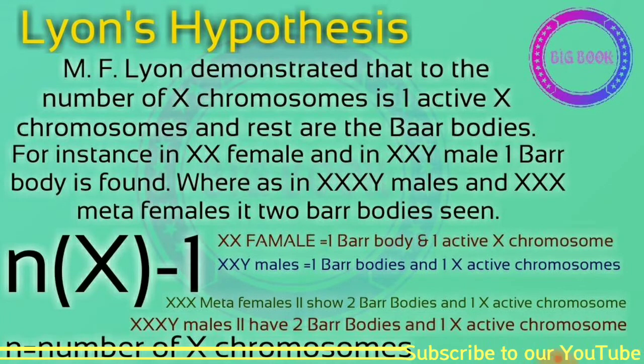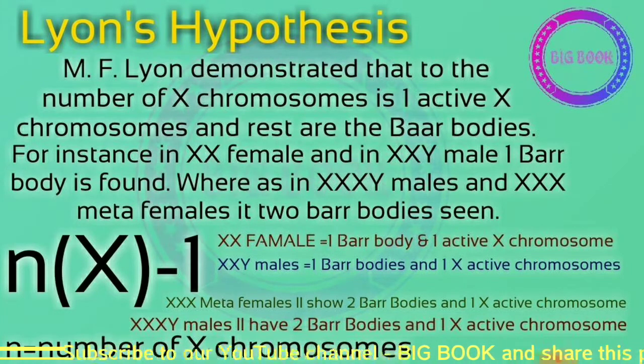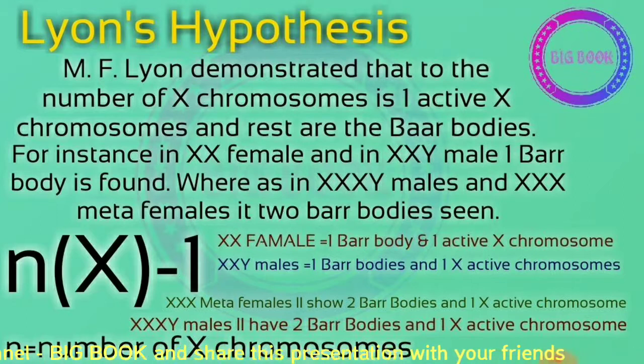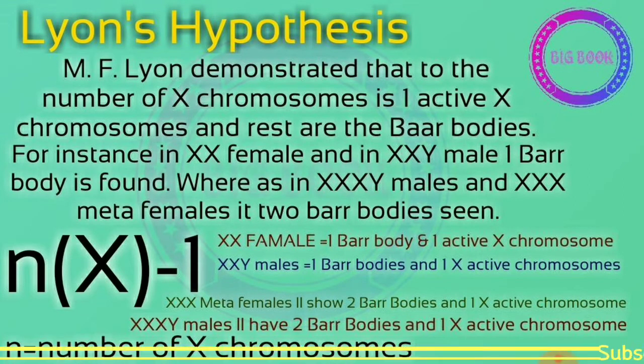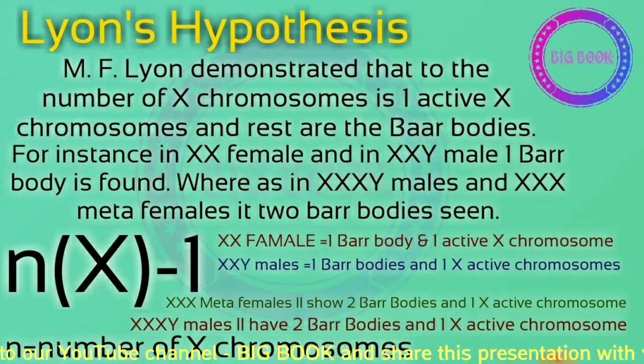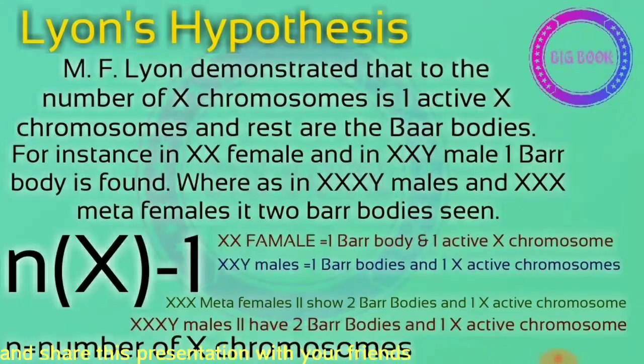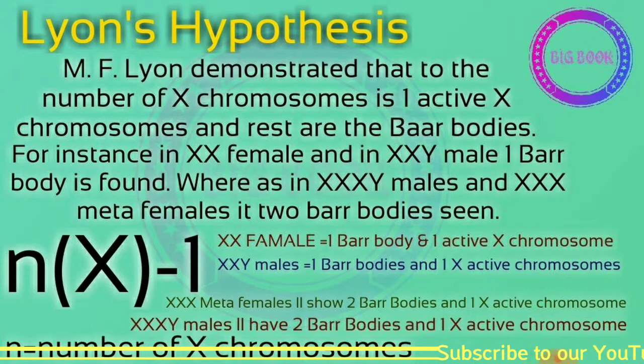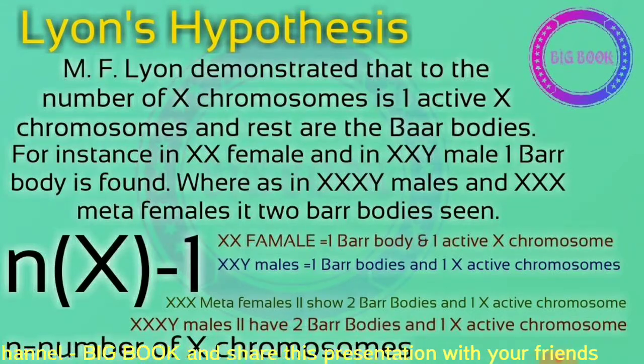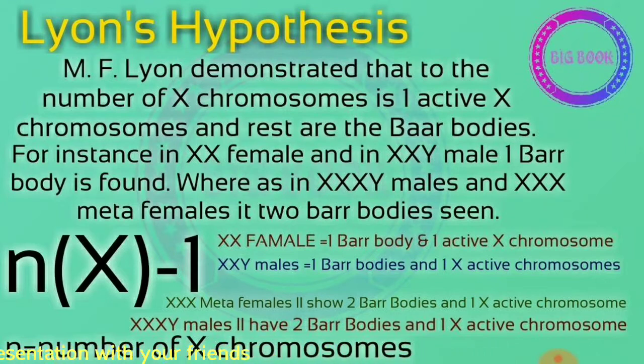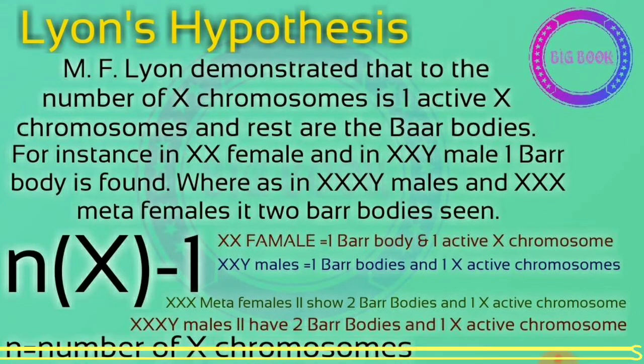So here the formula goes like this: N minus 1. N stands for the number of sex chromosomes present, that is, the number of X chromosomes present. So in the normal female, XX, 2 X chromosomes are present, so N will get the value of 2.